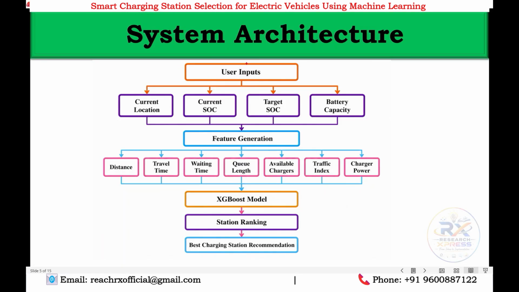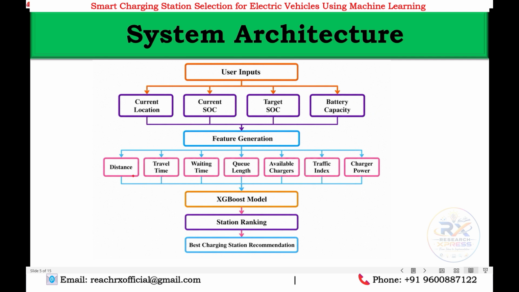What we need to do is fill in the current location, current SOC, and target SOC. That means the current battery percentage level, and the total percentage we need to charge. Then we need to fill in the battery capacity. Next, we need to generate the details from the input.